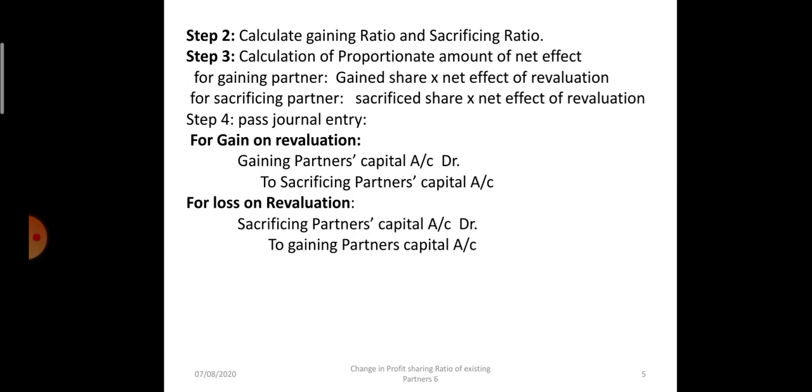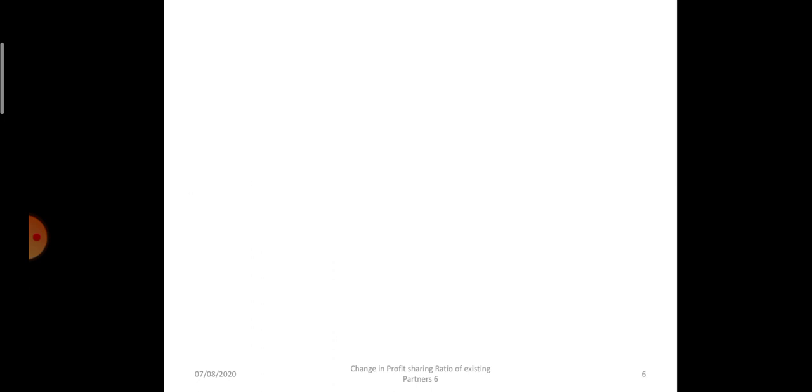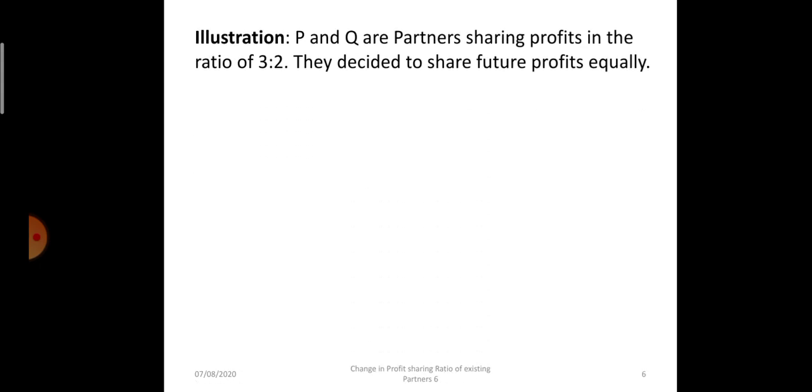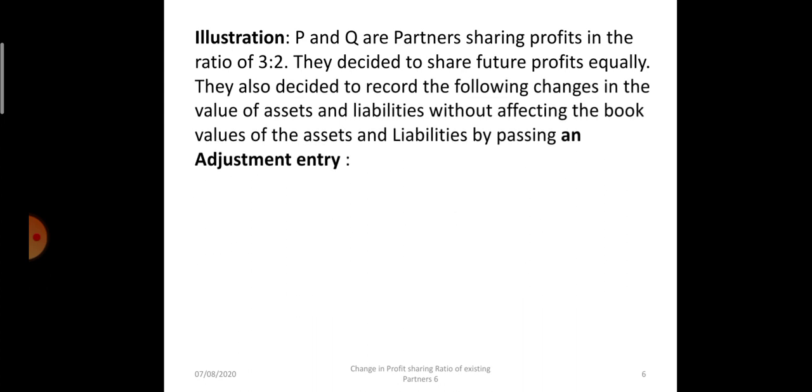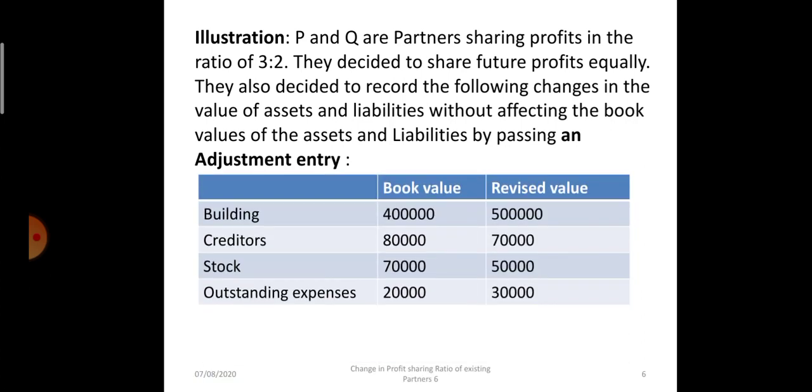Now let's take one illustration. There are two partners P and Q, and they are sharing profits in the ratio of 3:2, and in future they decide to share profits equally. They have decided that the revised values will not be recorded in the balance sheet, and to bring the effect of revaluation, an adjustment entry will be passed.